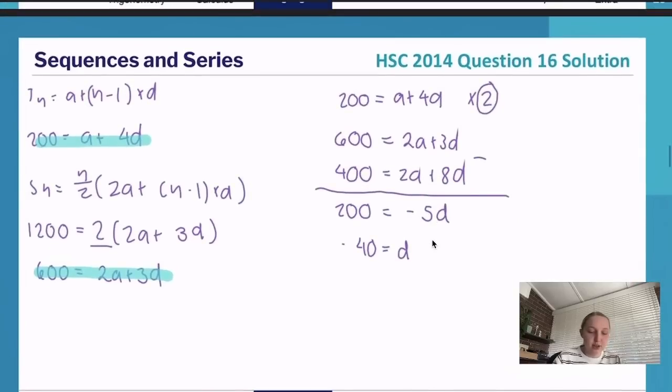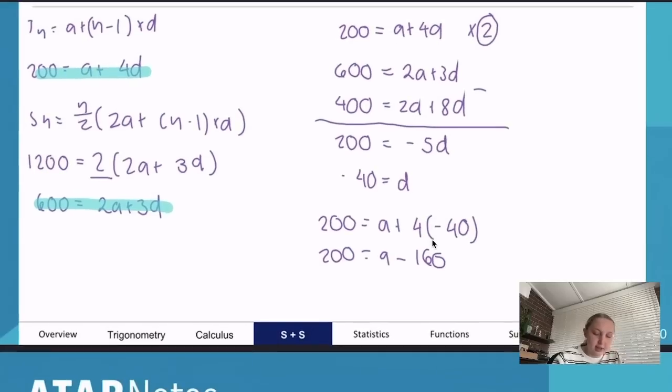So 200 equals a plus 4 times minus 40, which gives 200 is equal to a minus 160, and then our a is equal to 360.